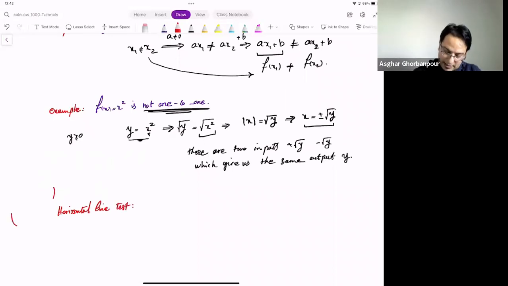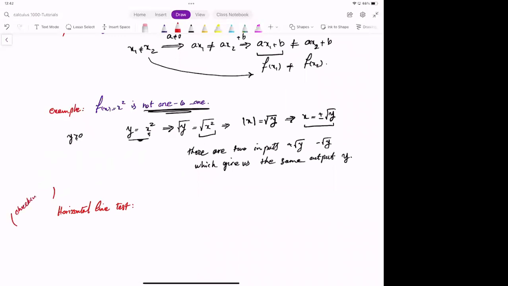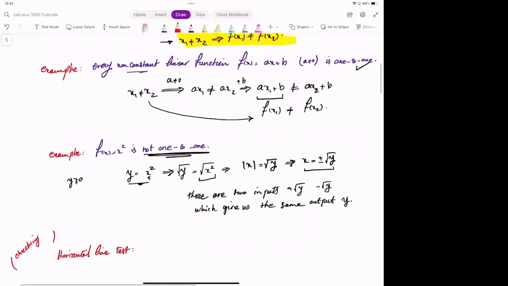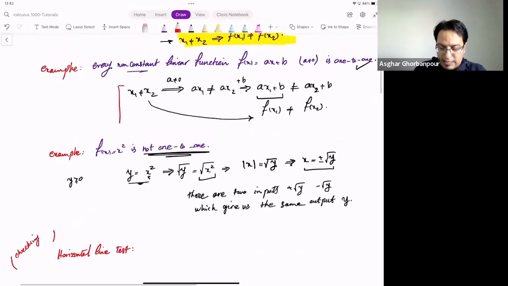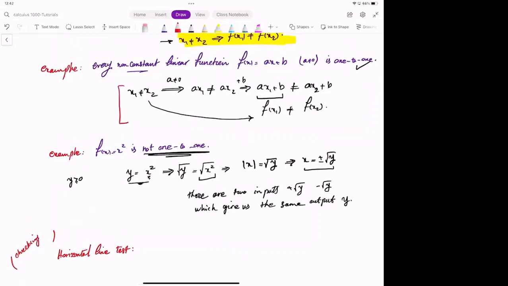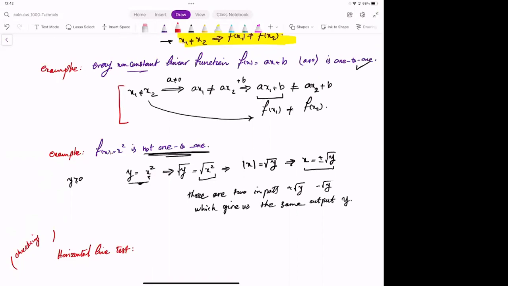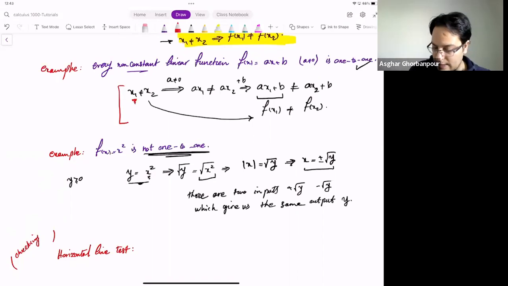Yes, Willow, please. Would you mind explaining the previous example that you did? Because I still don't understand why that example would be a one-to-one function. Well, I'm trying to see that if I have two different inputs, their corresponding outputs are going to be different. That's the definition of one-to-one, isn't it? So what is the output for x1? It's ax1 plus b. What is the output for x2? ax2 plus b.